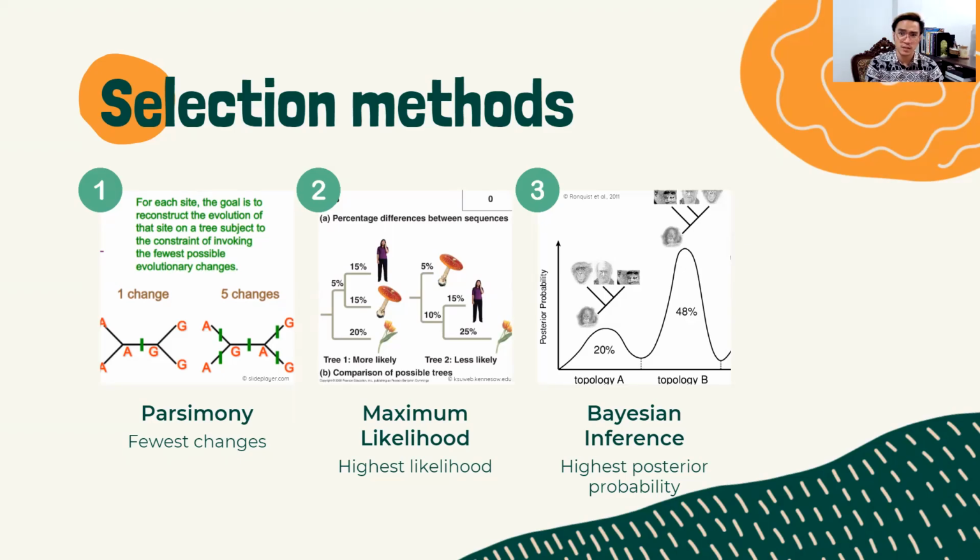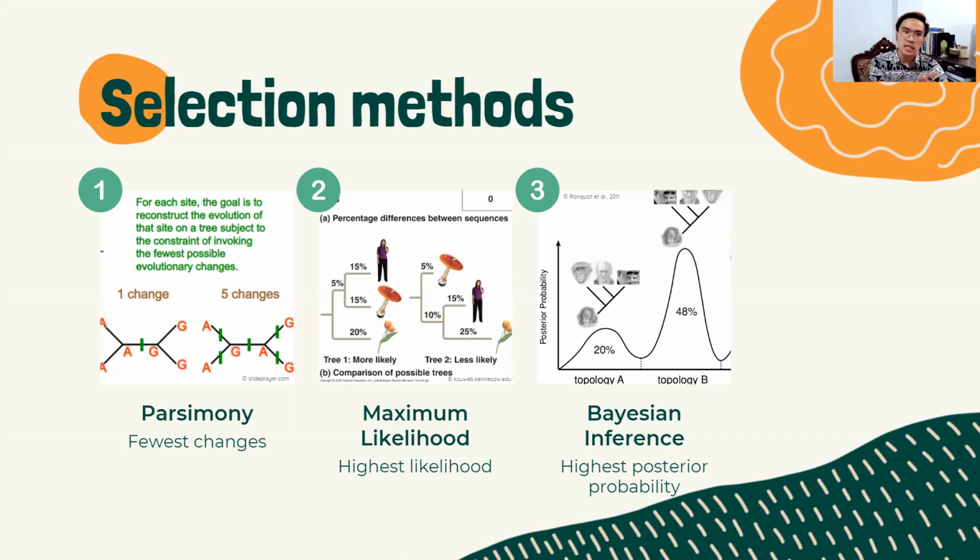Because parsimony doesn't really tell you whether that change is actually probable in nature. What if that doesn't really happen, or that is harder to happen compared to other character state changes? You know, that happens.